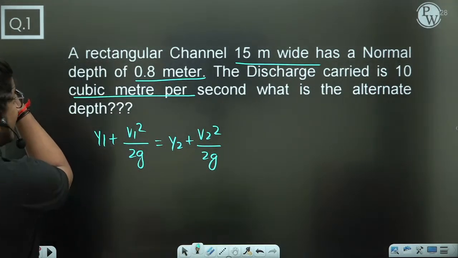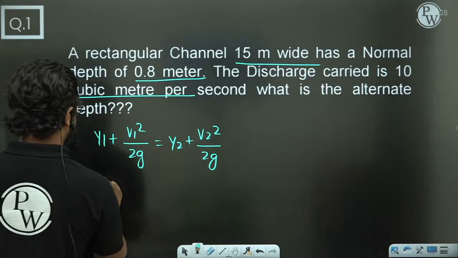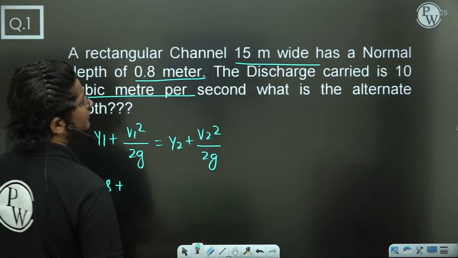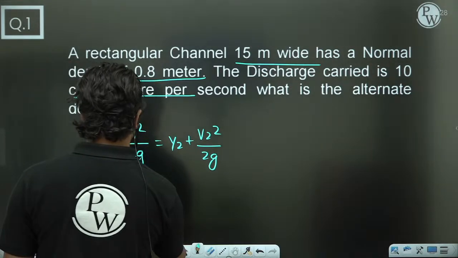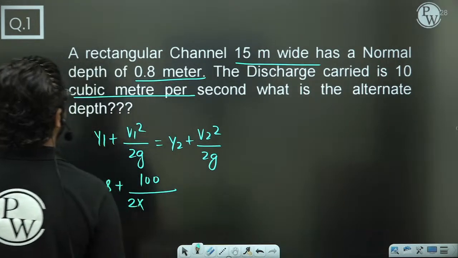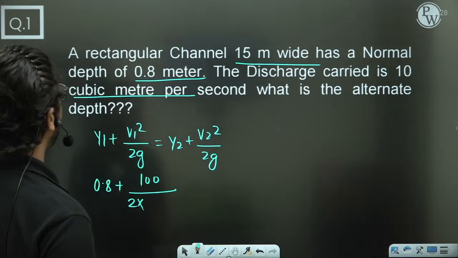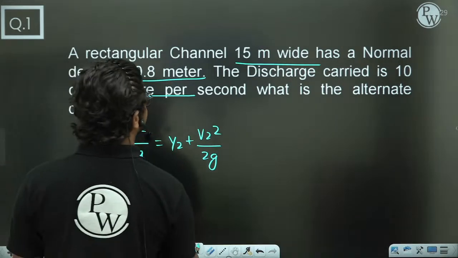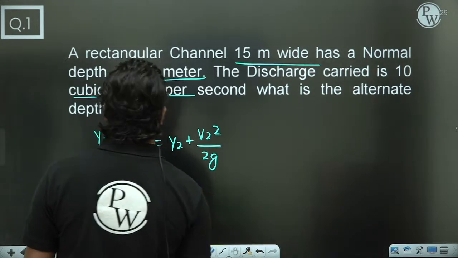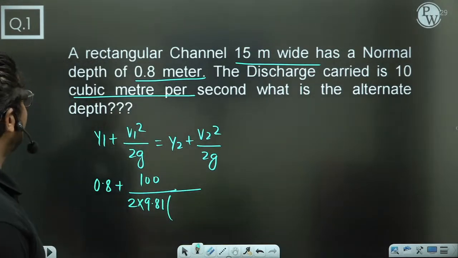For first case, we have normal depth 0.8, q square upon, so q we have 10, so 10 square 100 divide by 2 into g, we need to take 9.81 na? Into area 15 into 0.8.